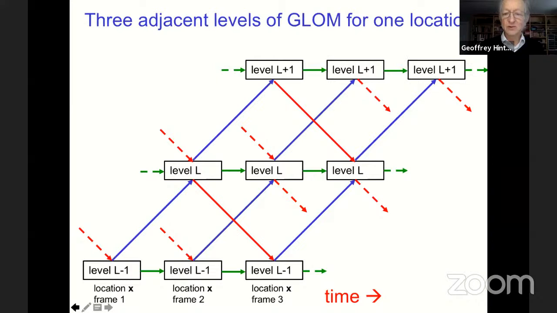It's getting lateral input from itself at the previous time step, that's the green arrow. And it's getting one other thing that's not shown here, which is, this is all for a single location. So this is all going on within one hypercolumn. It's also going to get contextual influences from other locations. And that's where the transformer aspect comes in.